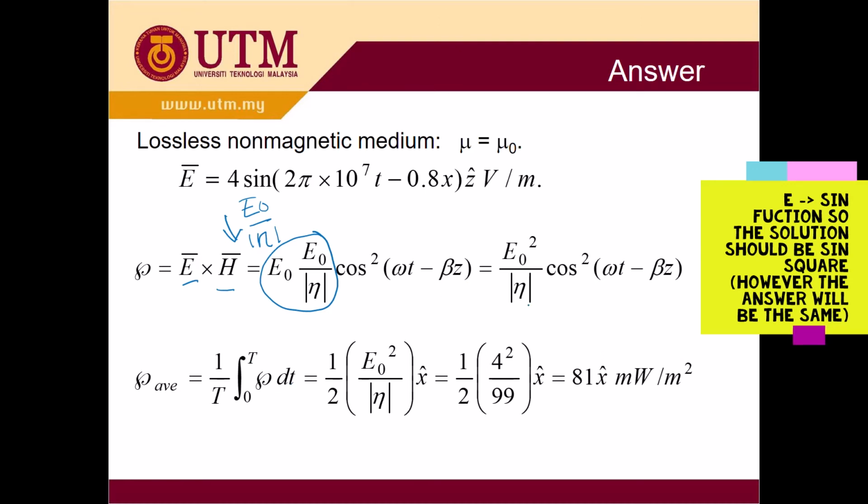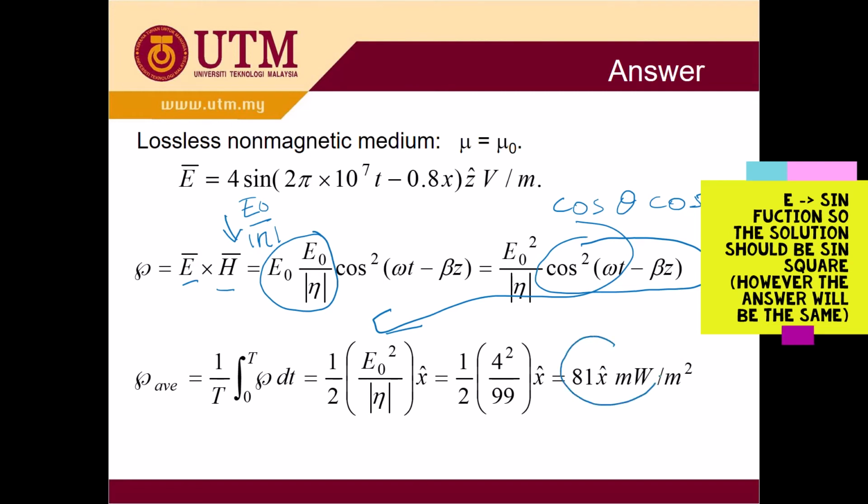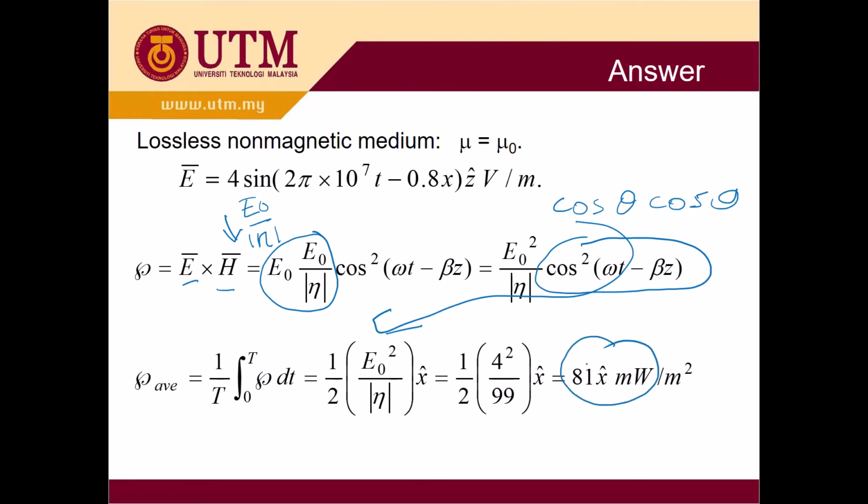When you solve this, we get this expression, because cos square is equal to a cos 2 theta expression. This is just a trigonometry integration. If you solve this, you will get these answers. So please prove it yourself, because I already checked it. So this is true.